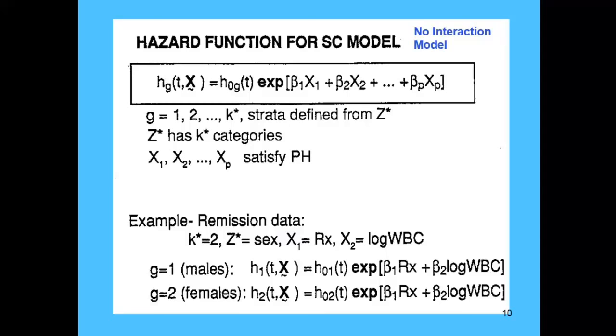The hazard ratio is the same for the treatment variable. It's also the same, though a different formula, for the log white blood cell count variable. It doesn't depend upon the variables you stratify on. That's what makes it a no interaction model.